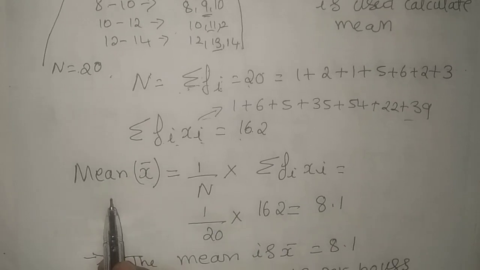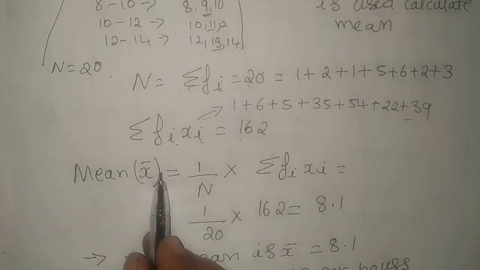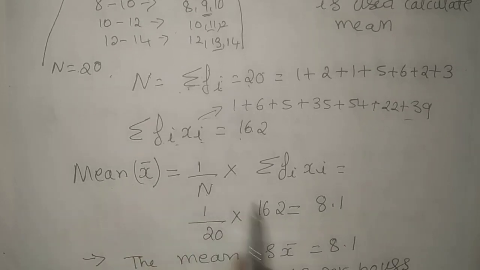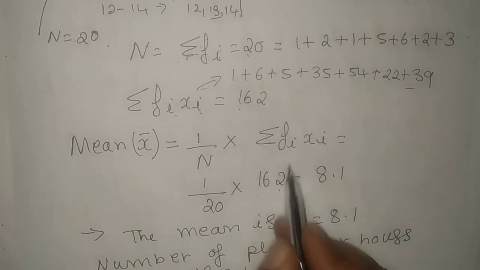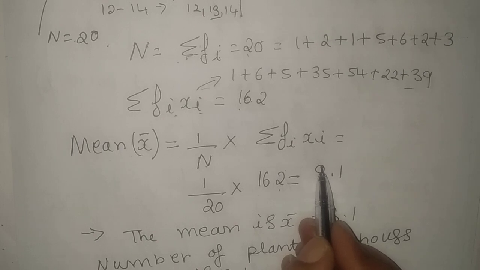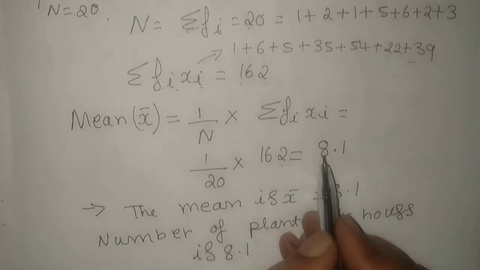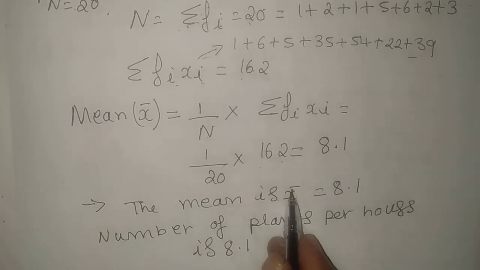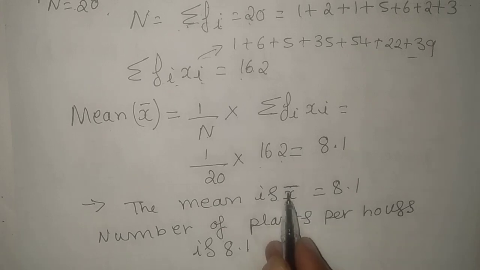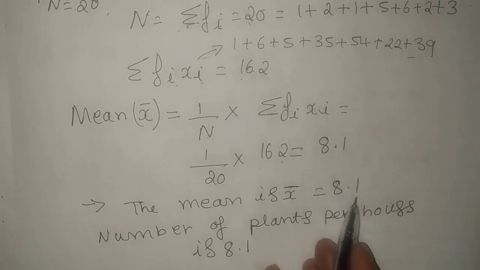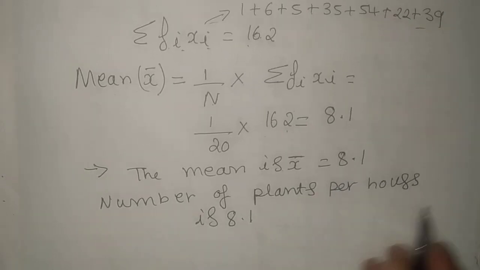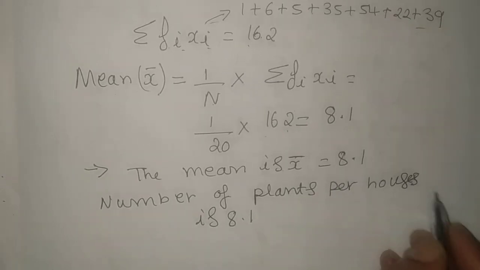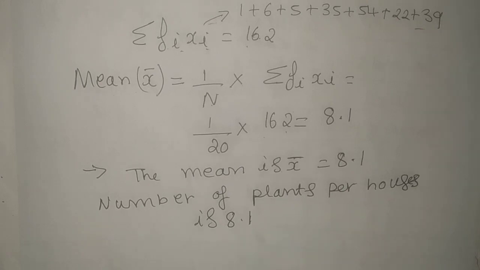So finally the mean x bar is equal to 1 by n into summation of fi xi, that is 1 by 20 into 162. We get 8.1. Therefore the mean x bar is 8.1, so the number of plants per house is 8.1.